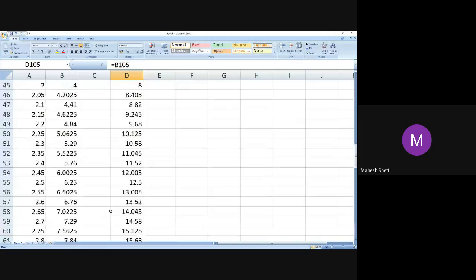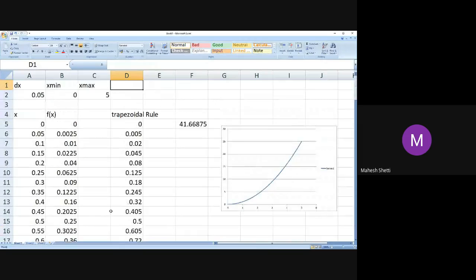Now, when we do this addition, this is nothing but the integral. According to the trapezoidal rule, this is the integral of x square dx from 0 to 5. Analytically, when you solve, it is x cubed by 3, with the limits: 5 cubed minus 0 cubed, which is 125, divided by 3.